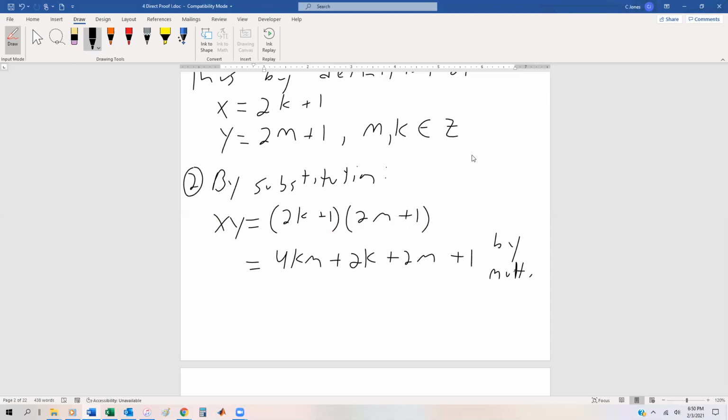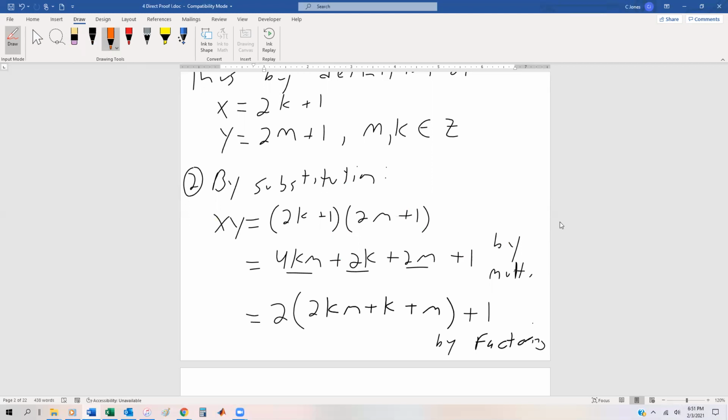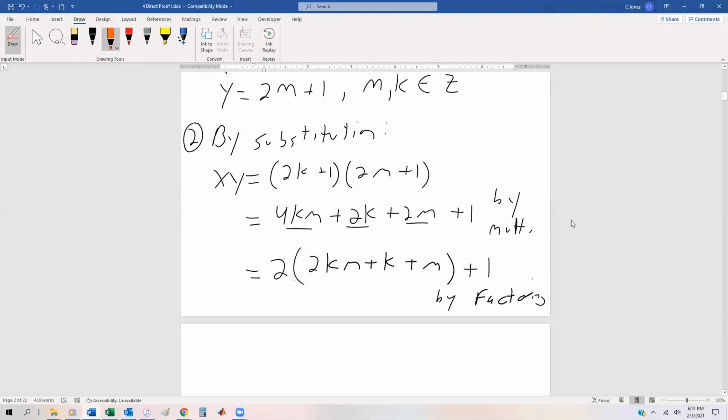Now, just like we did previously, we need to show that this is odd. So here's the trick that we can do. We can factor out a 2 from these three terms. So that's going to be 2 times (2km plus k plus m), plus 1, and we're going to say that's by factoring. And then remember that trick we talked about, integer closure.